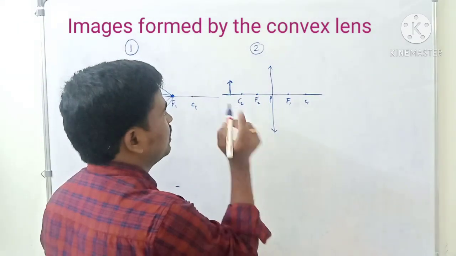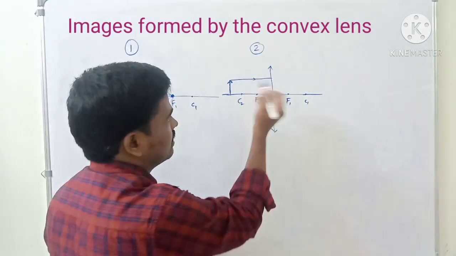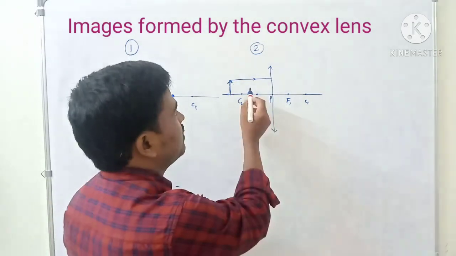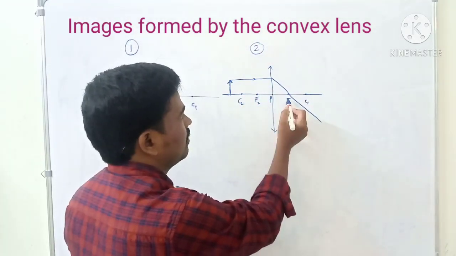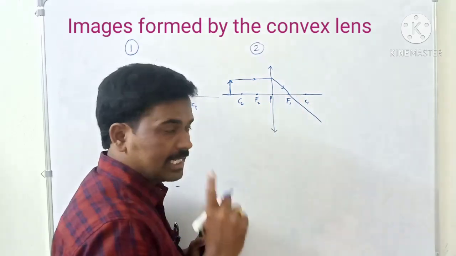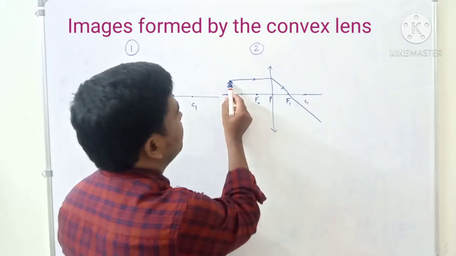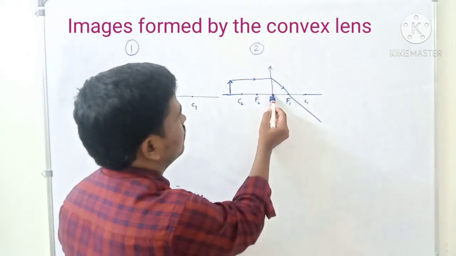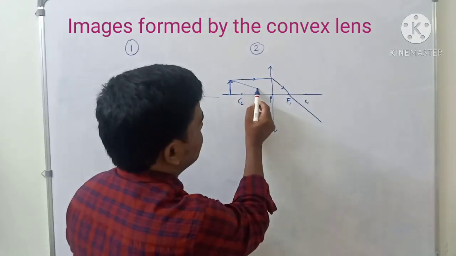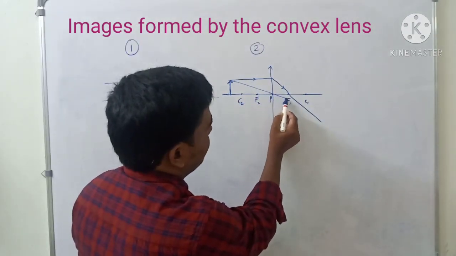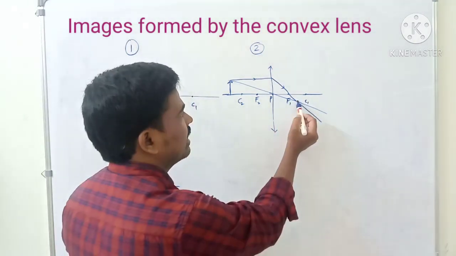I am choosing only 2 rays from this head. The ray parallel to the principal axis goes through the focus. That is the first ray. The second ray I am choosing is the ray going through the P, the optic center. Like this. Where the lines intersect, here the lines are intersected.